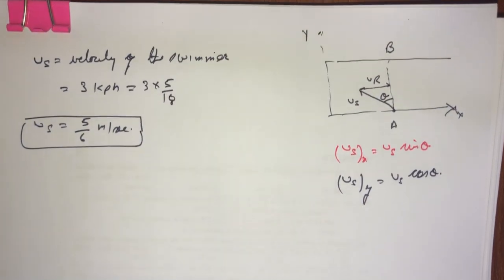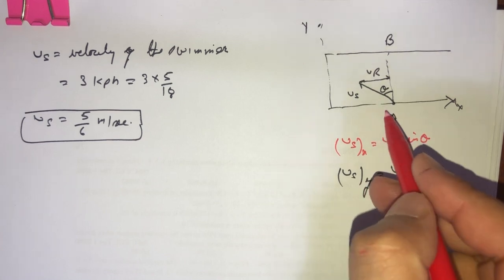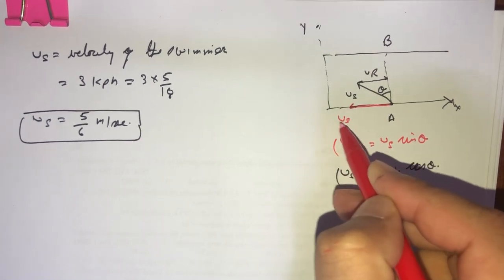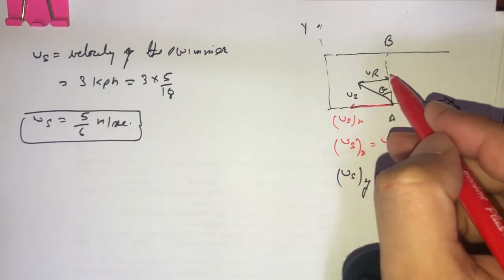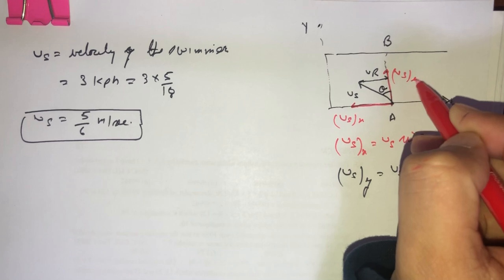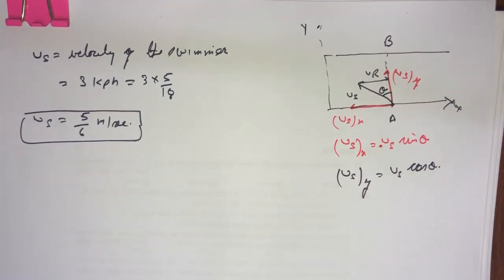Okay, so we find out both the components, and more important part, the Vsx will be in this direction. This will be Vsx, and this will be our Vsy. So Vsx will be having a minus sign.